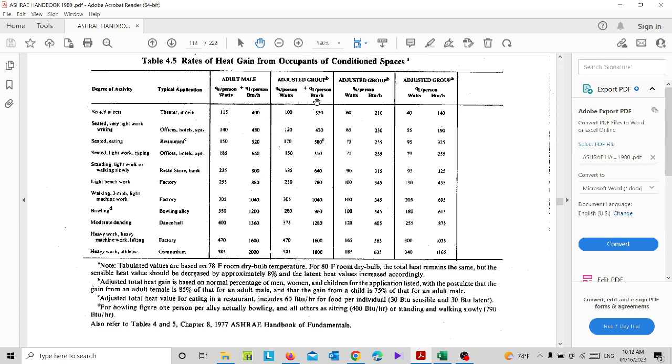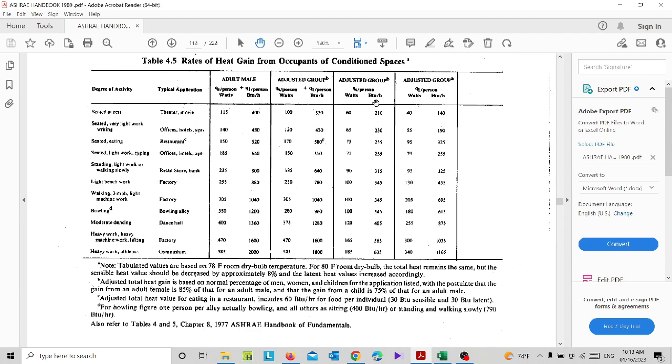It's a combination of male and female, adult and child, no issues at all. So it's a summation of the sensible and latent heat load.